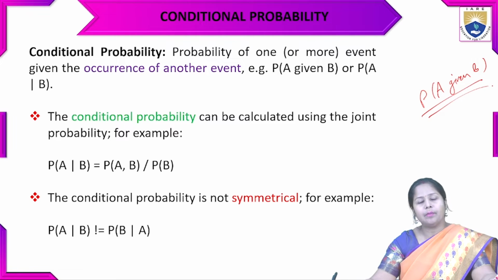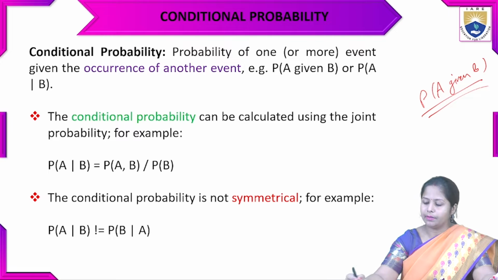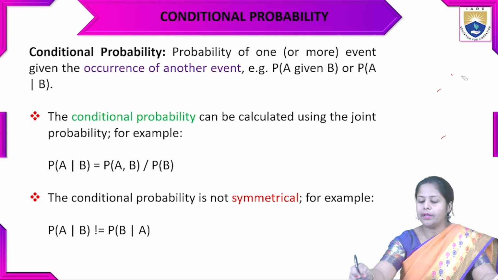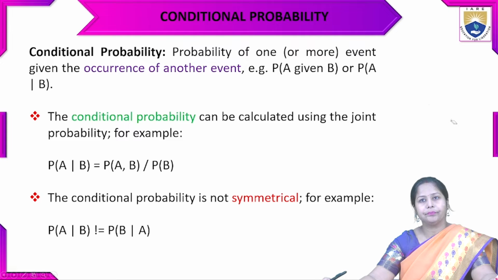So for conditional probability, we have to find this probability. If we write P(A given B), that means we have to find the conditional probability for the two events A and B, right?